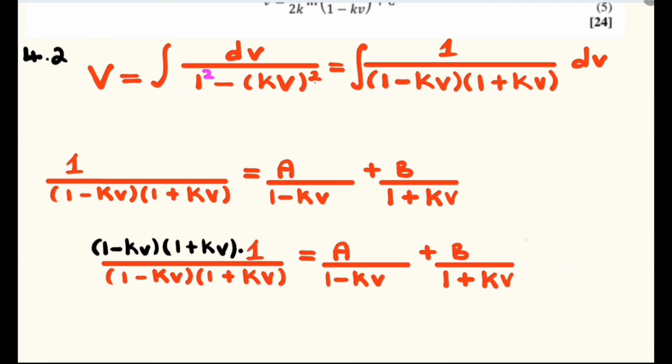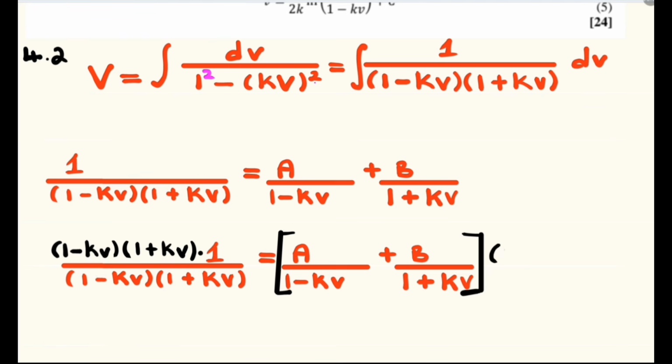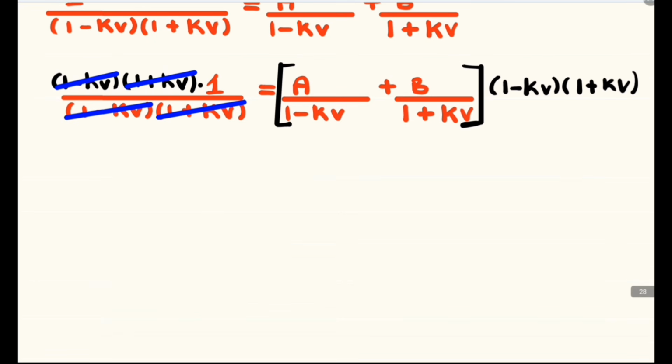So even on the right, we are going to multiply by 1 minus kv multiplied by 1 plus kv. On the left hand side, the 1 minus kv will cancel out with that 1 minus kv in the denominator, and the 1 plus kv will also cancel out with that 1 plus kv.